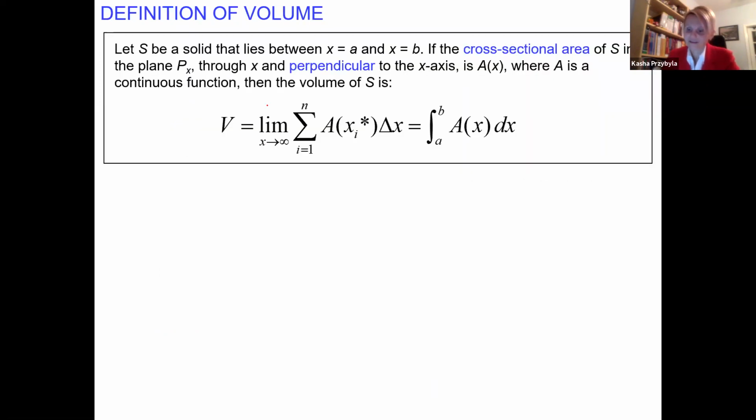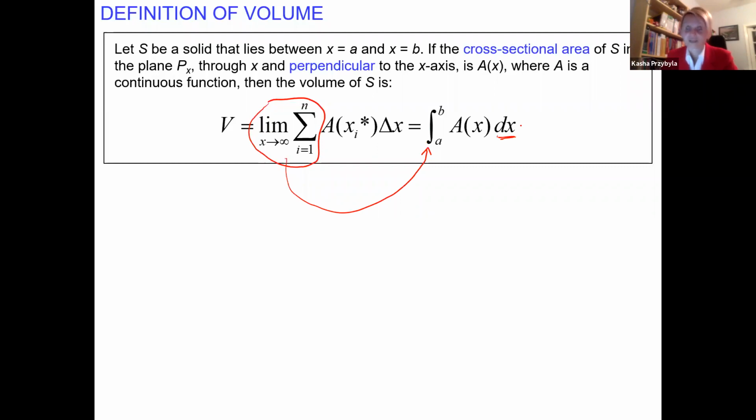Adding infinitely many terms means integration. And this will be the cross-sectional area. And since we are slicing, cutting the x-axis, we integrate with respect to x.